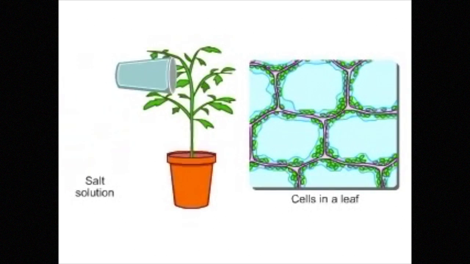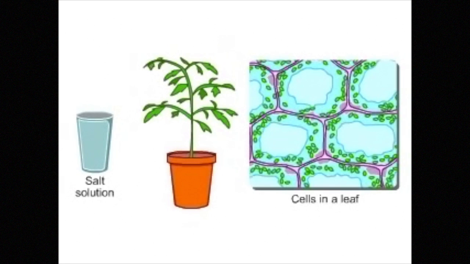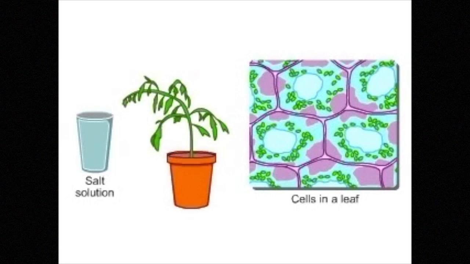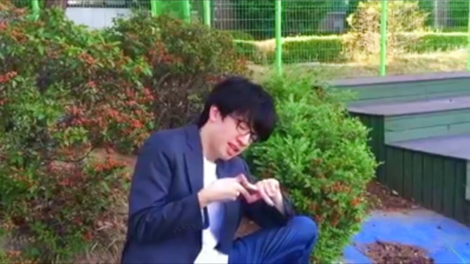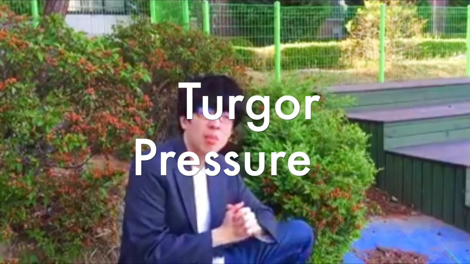Water molecules tend to move from a higher concentration to a lower concentration. This is known as osmosis. So let's think of plant cells as rectangles. When there is no water in these cells, they are all shrunken down, but when water comes in via osmosis, these cells build what's called turgor pressure, which is the cell membrane pushing against the cell wall, making the cell kind of like a brick structure.